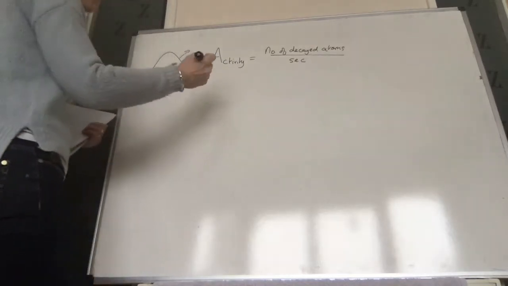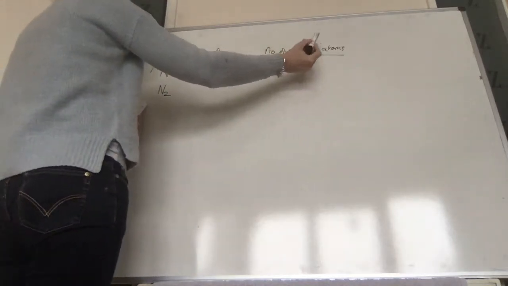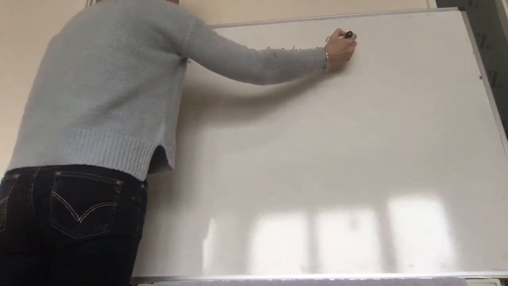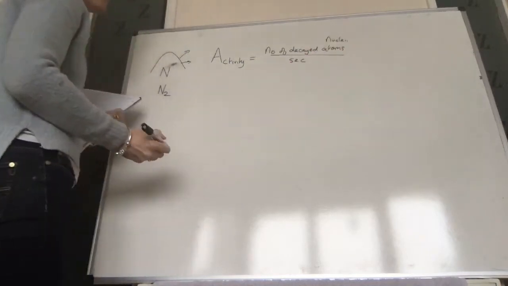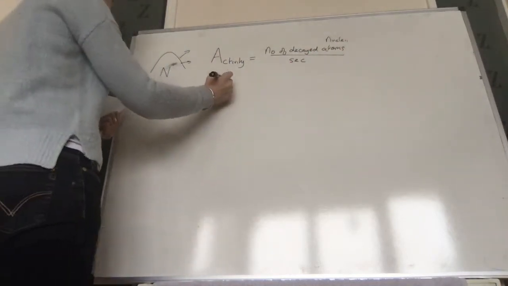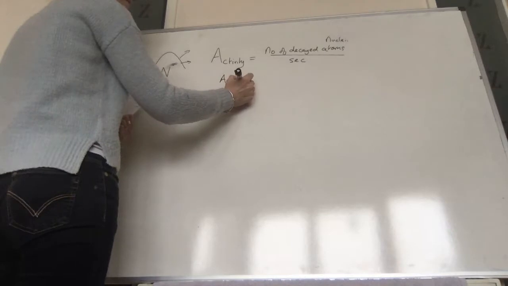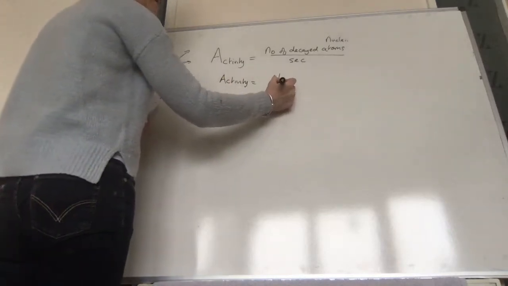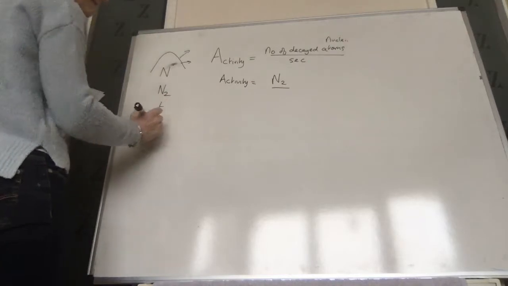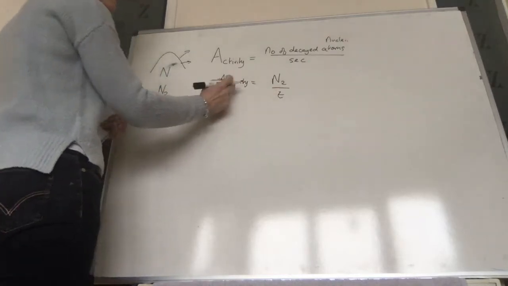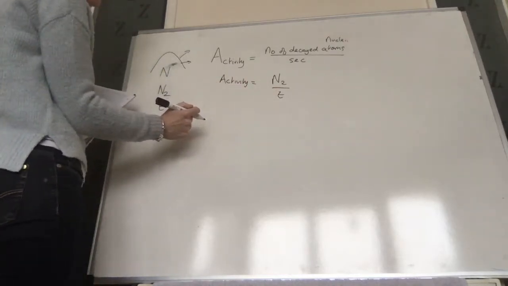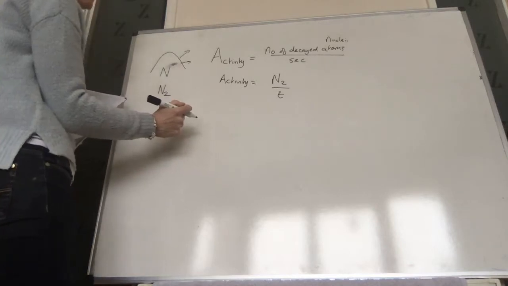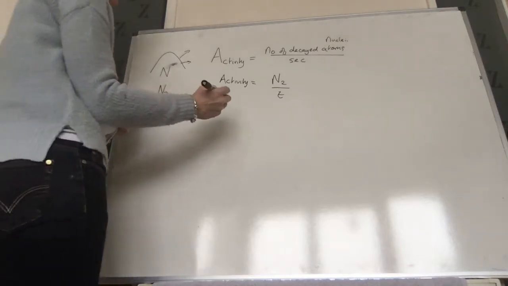So it's the number of nuclei that are decaying per second. If N2 atoms decay in a time t, then the activity is the number of atoms that have decayed divided by the time. It's the number of atoms decaying per second.